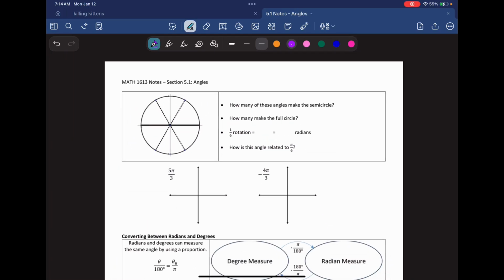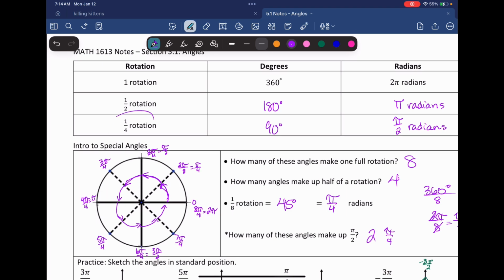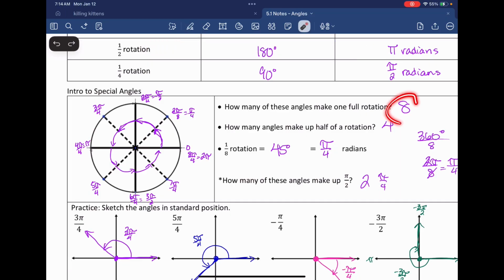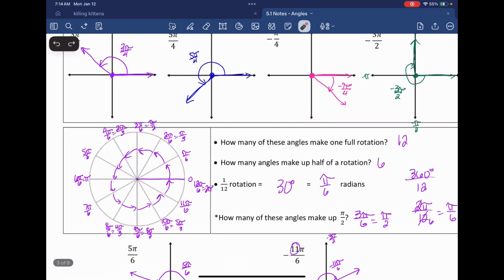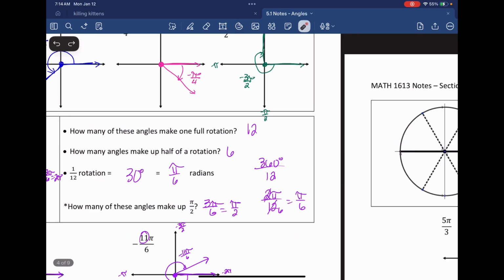All right, so our key angles that we've done so far, we've done a quarter of a rotation, 90 degrees, or pi over 2. We've done an eighth of a rotation, pi over 4. We've done a 12th of a rotation, pi over 6. So our last major angle.